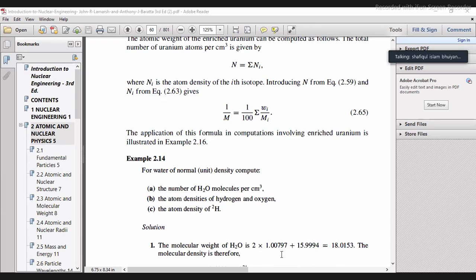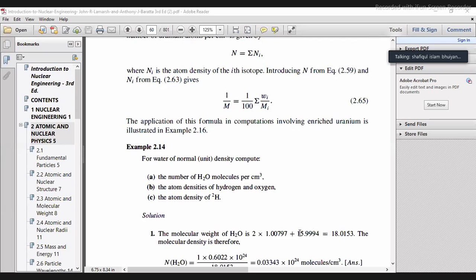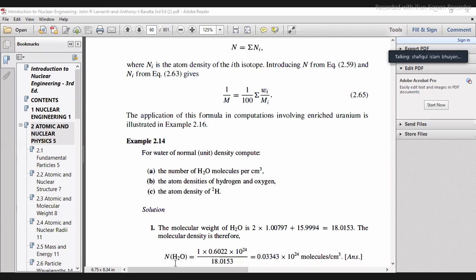The molecular weight is 18.03. Now you want to have the molecular density of water. Rho is 1, and this is N_A by 18.03. So this is 0.03343 times 10 to the 24 molecules per centimeter cube. How many molecules?